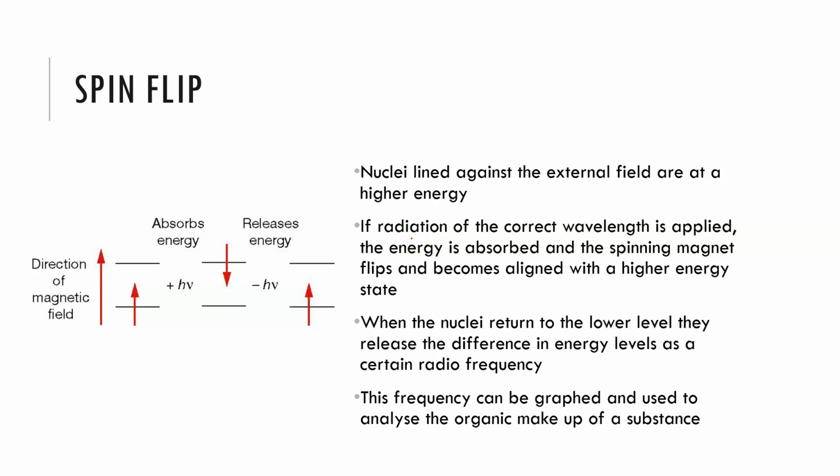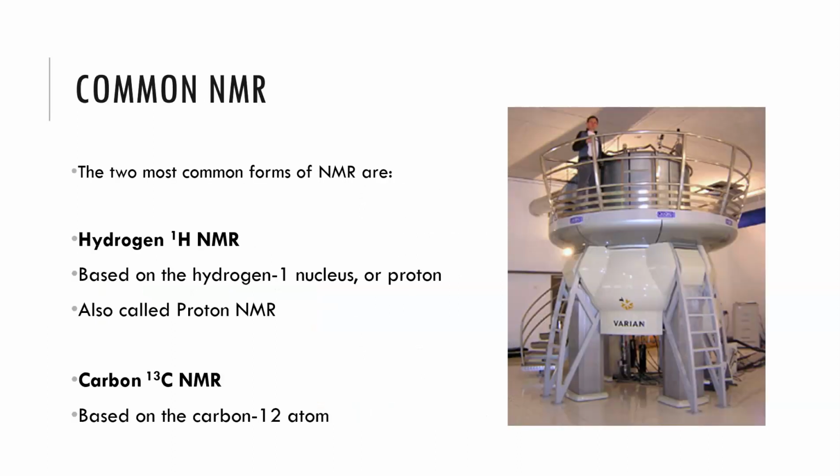When we do this, we graph this frequency, so where that energy was absorbed from, and plot it, and we can start to get a picture of the molecule. So NMRs can be quite large, or even with modern technology quite small, and when we go to Melbourne Uni you will see some of the NMR machines that they have in the facility there.